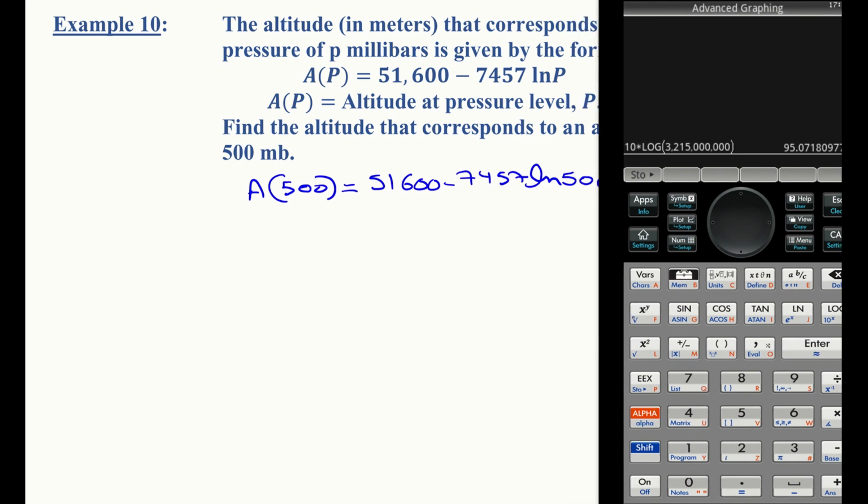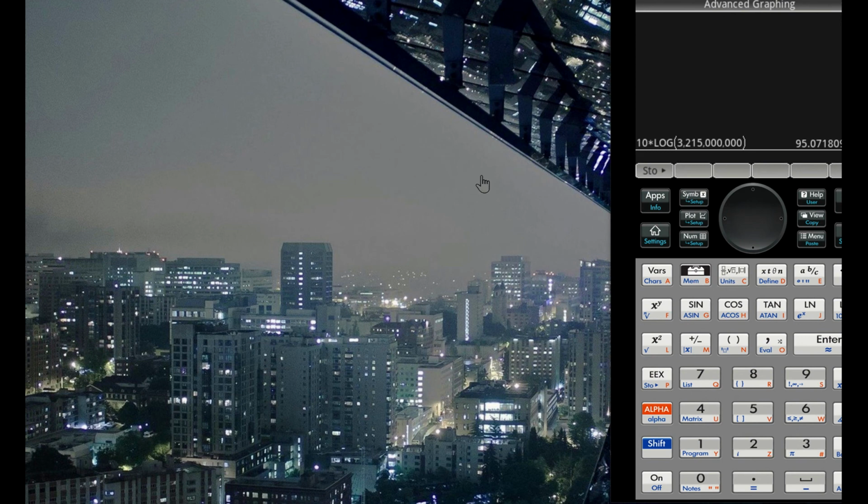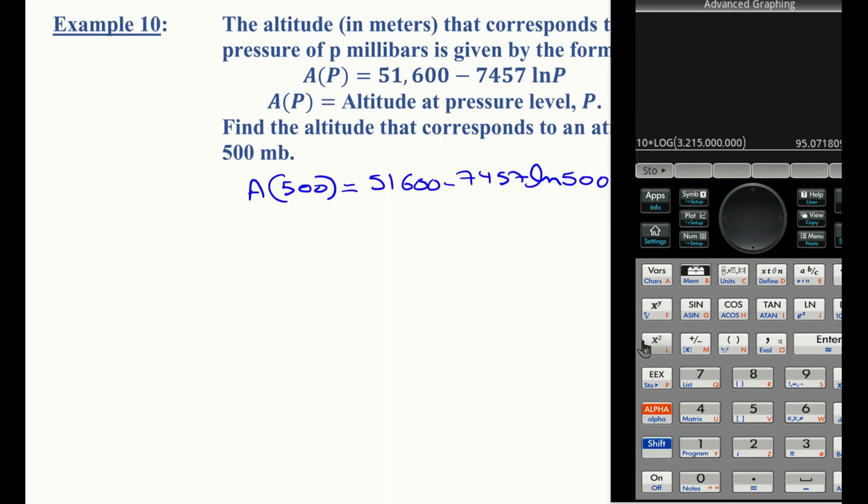So we get 51600 minus 7457. This time we're going to hit the ln button, not the log, ln of 500. And then we'll hit enter.